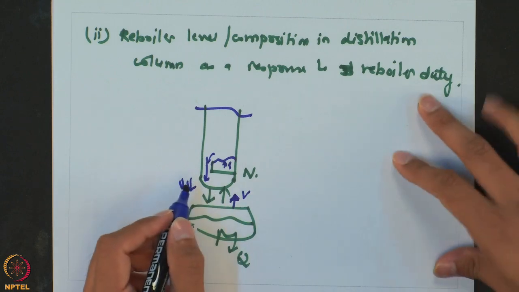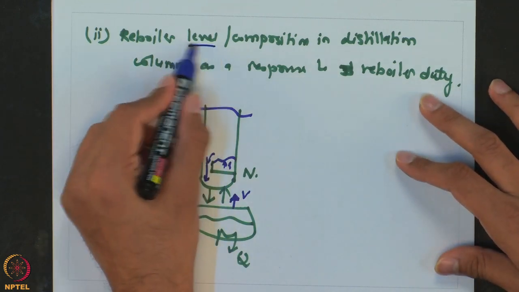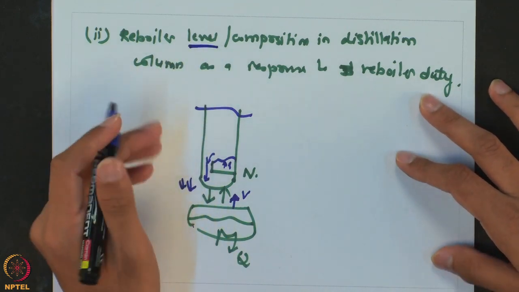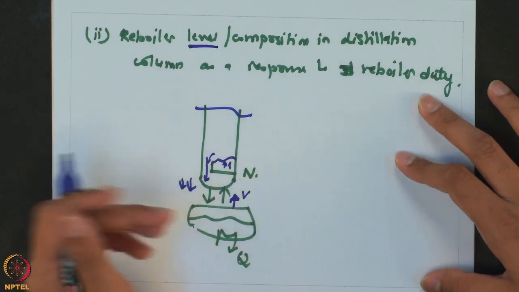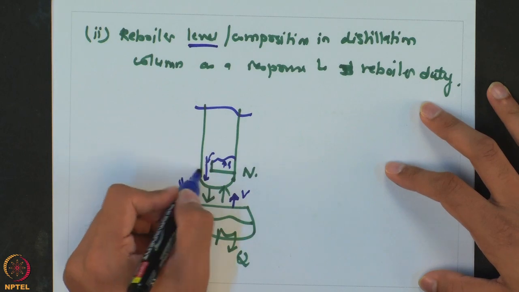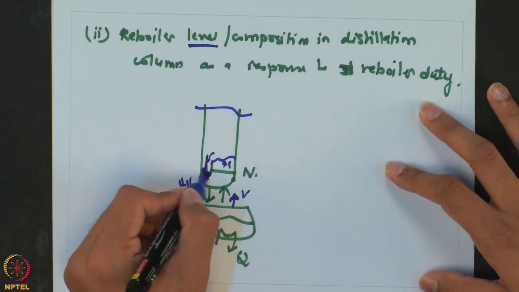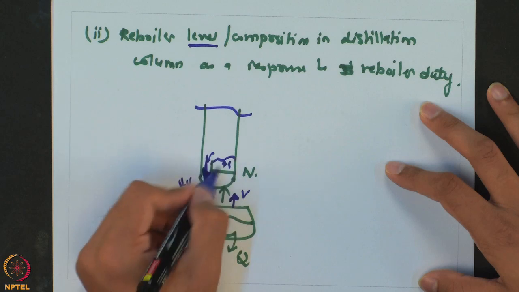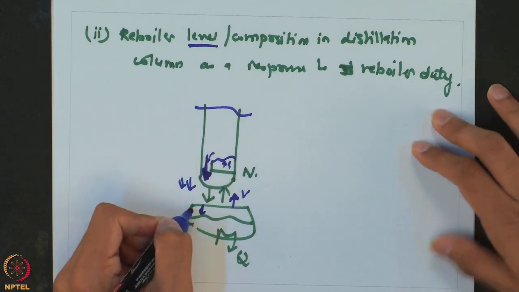So, even though you increase the reboiler duty, the level inside the reboiler keeps on increasing momentarily before it starts to reduce. And same way the composition, as you are mixing some low composition liquid into the reboiler, because of this effect the purity also goes down.